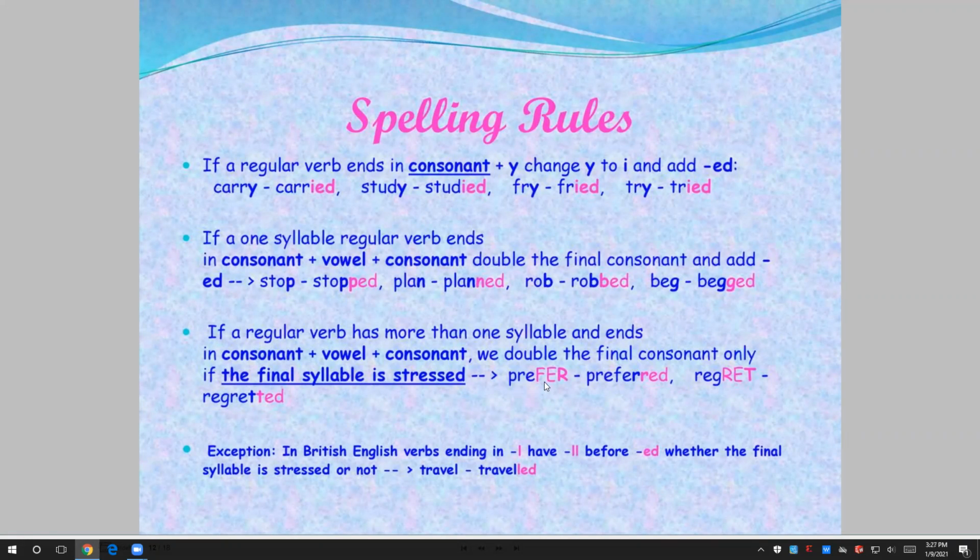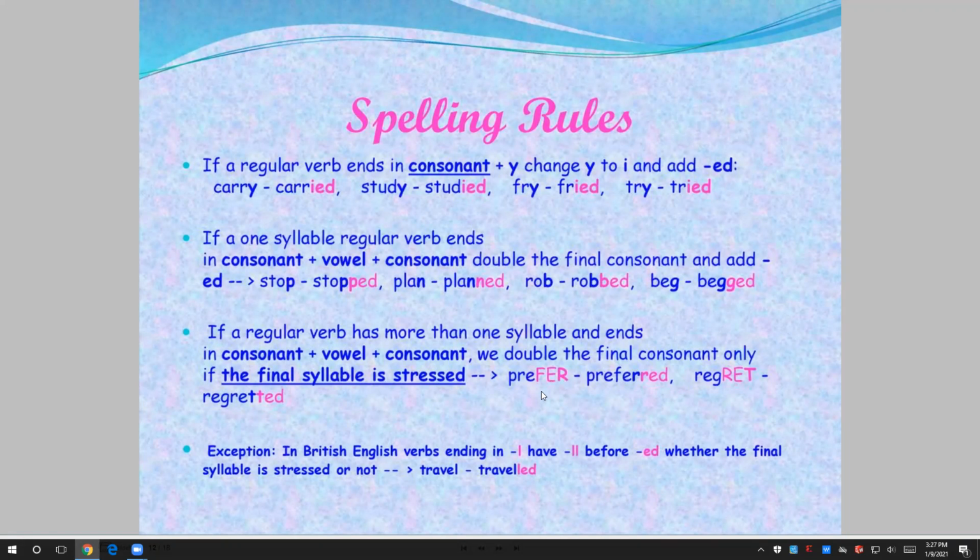So if the stress is on the first syllable, you do not double the final consonant sound. You simply write listen and add ed after it. You will not double the last consonant sound in listen.